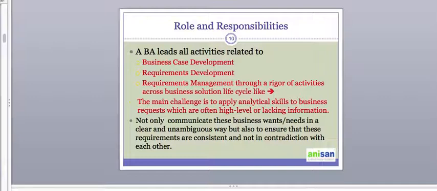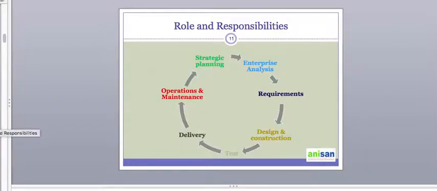There is one short diagram I would talk about. Roles and responsibilities. Here we do strategic planning. What is the business need and what are the possible options, okay, and then what is the justification of the solution.